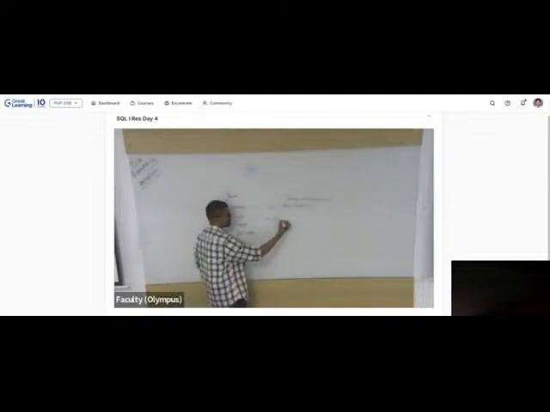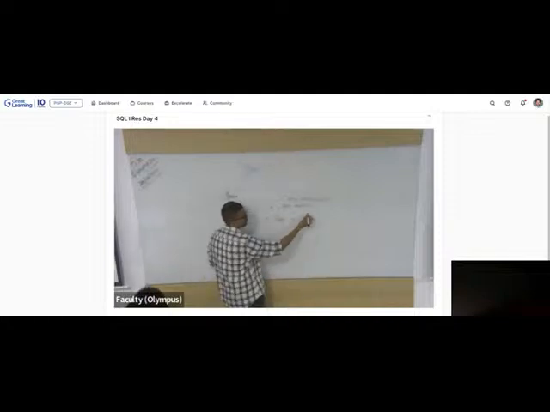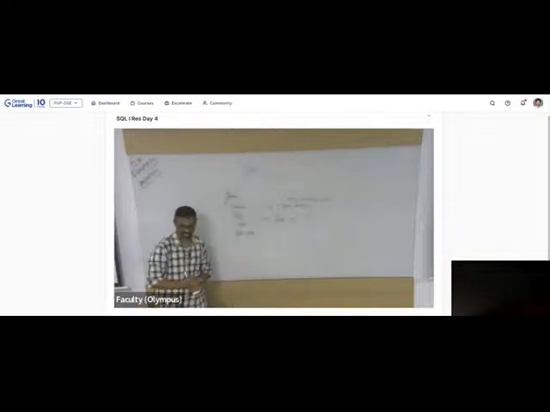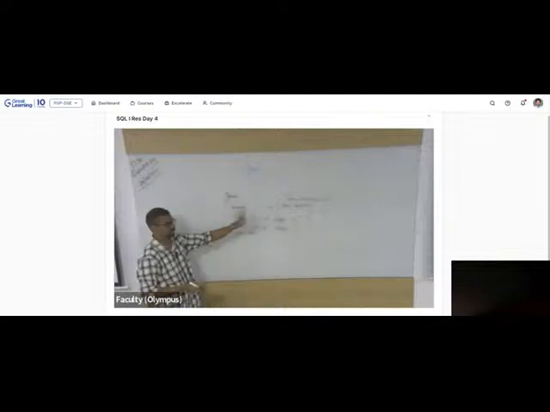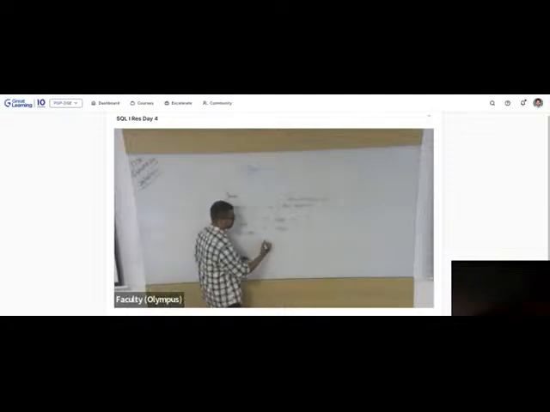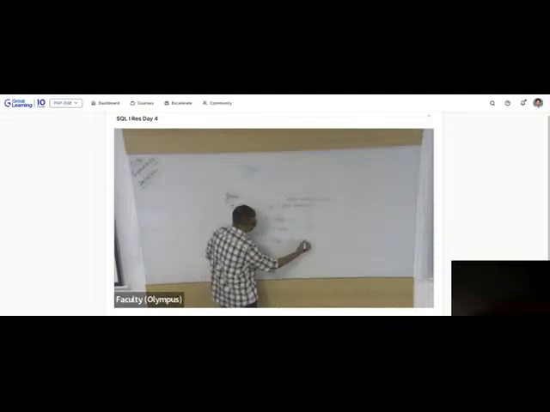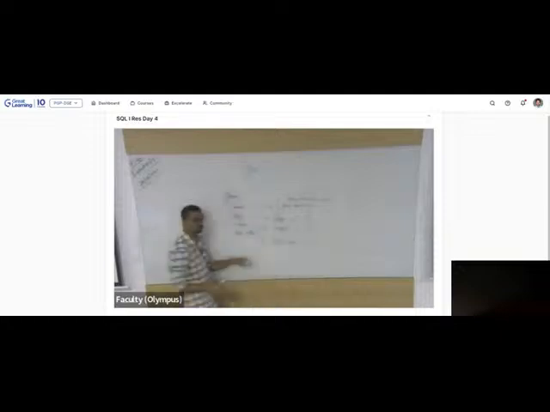Okay, all rows from the left table plus matching data from the other table. Similarly, all rows from the right table plus matching data, whatever is matching that condition. Of course, full outer is nothing but all data from all tables with matching data, basically. So it is left plus right plus matching data.